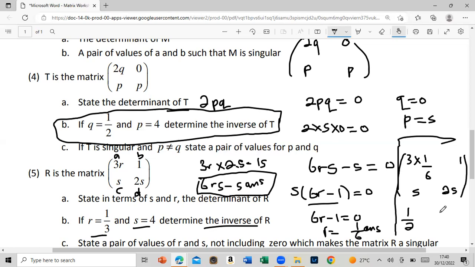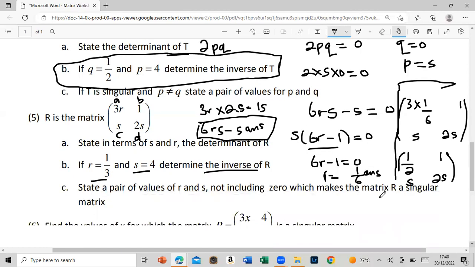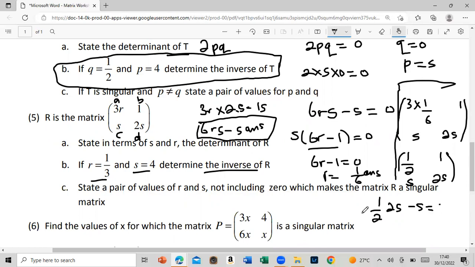And then this is going to be 1, and then this would be S, and this would be 2S. And all of that must equal 0. So let's do it now. It's going to be half times 2S, multiply minus S equals 0.